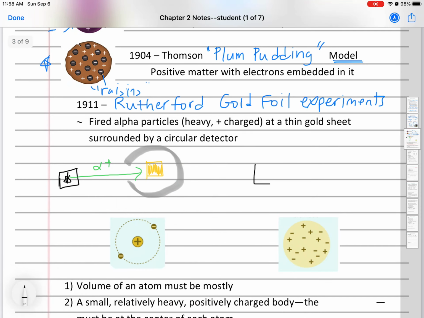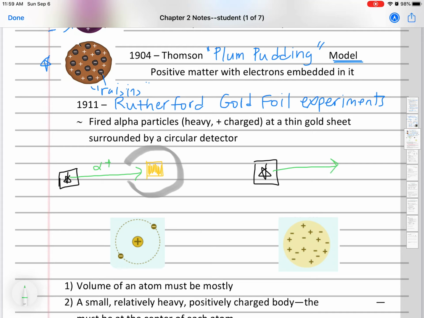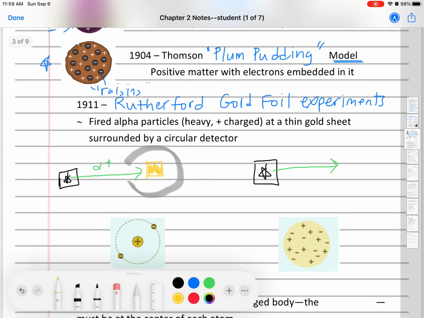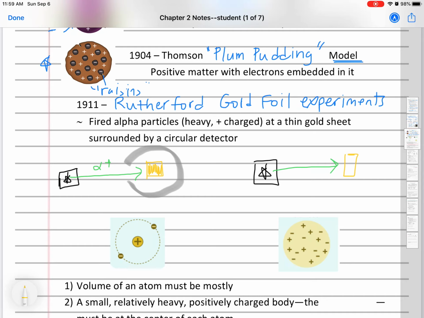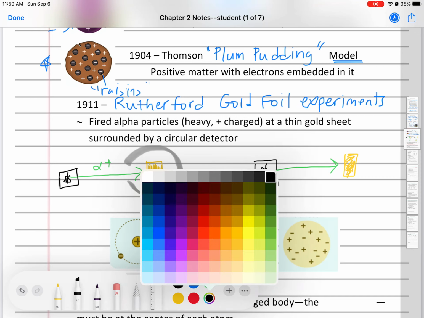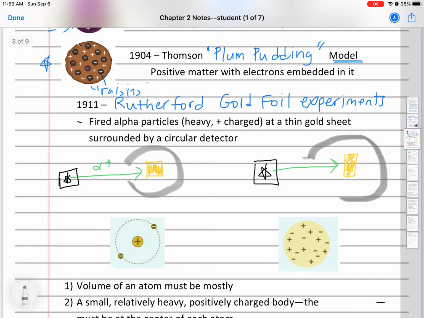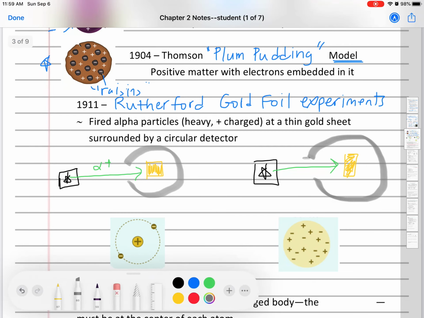So here we have our box of radioactive substance, and there's a hole in it, and out of the hole are shooting these alpha particles at a piece of gold foil, and there's a detector screen that can detect those alpha particles when they hit.